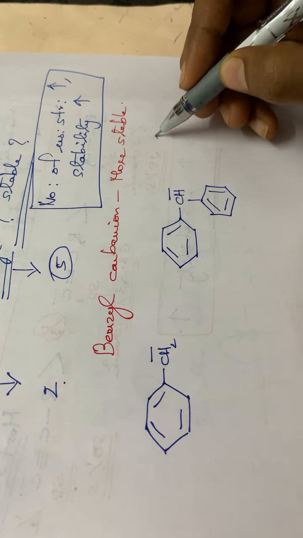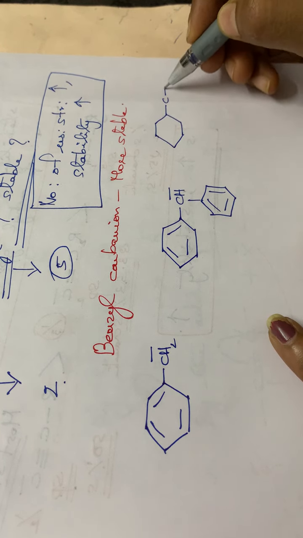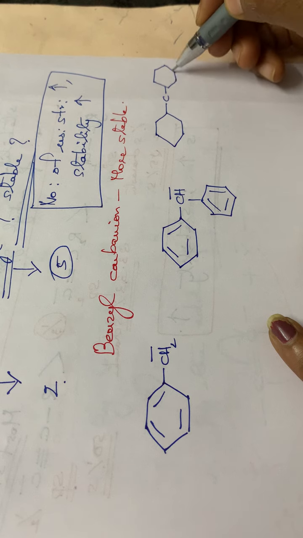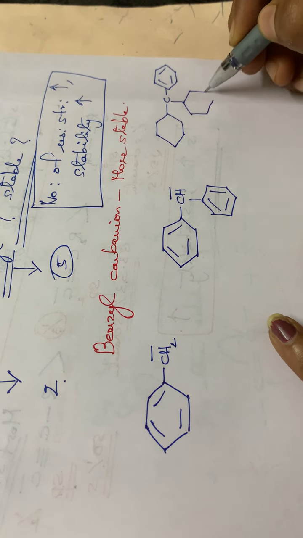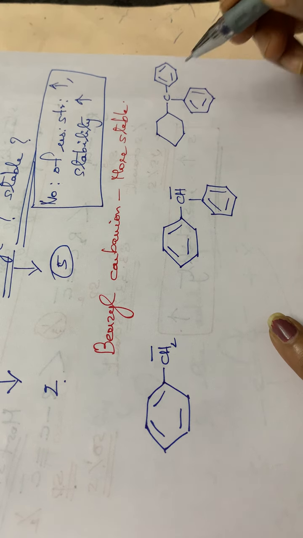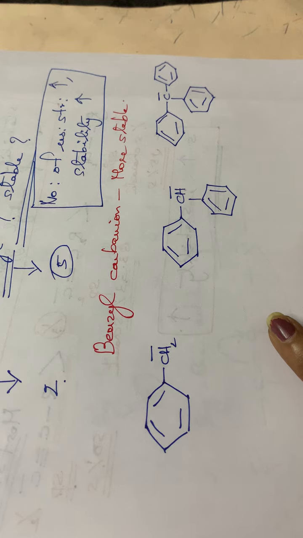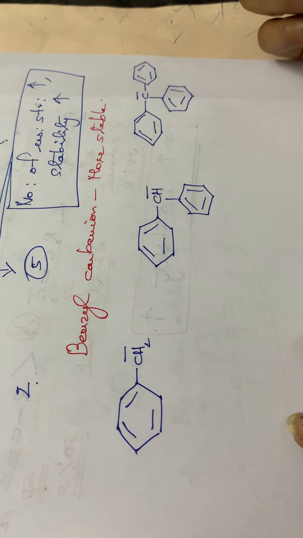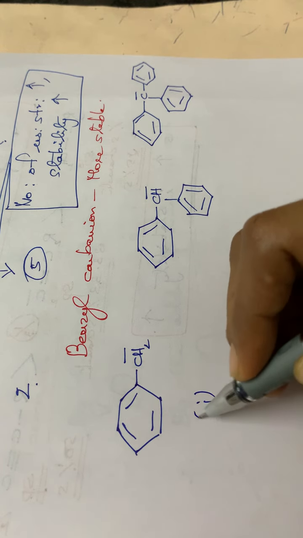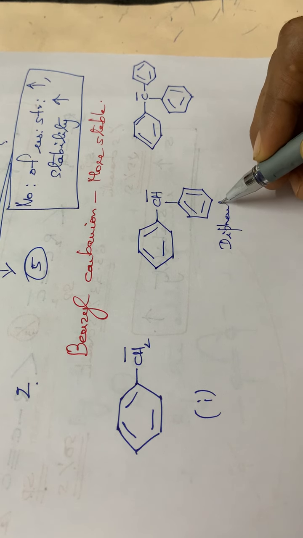Then the third one, that is the triphenyl methyl carbanion. Among all these 3, which one will have more stability? Benzyl, diphenyl methyl, or triphenyl methyl?